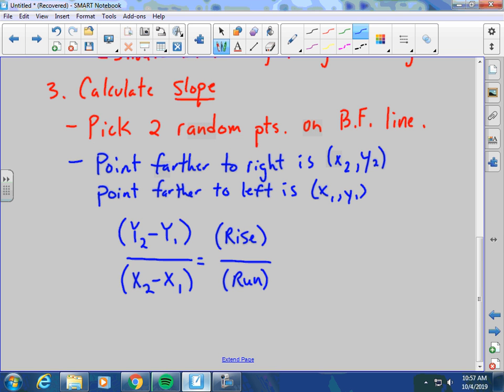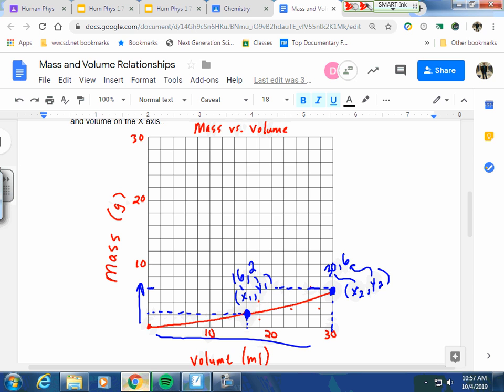So from my sample, what these numbers would be, and I want to make sure I include the units too. My y2 was 6.